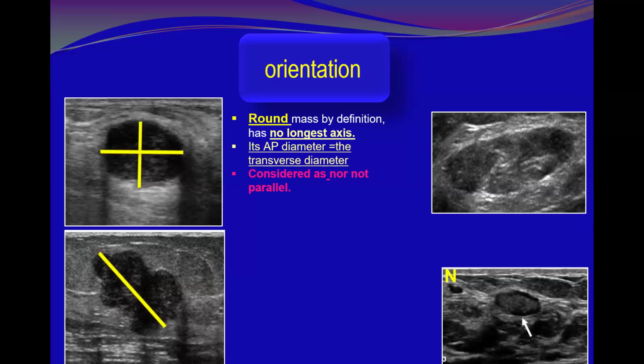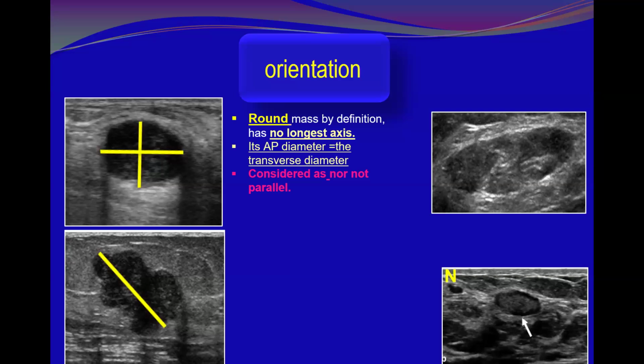We have mentioned that the ducts are crowded and pointing toward the nipples, and most of the lesions are arising in the retroareolar region, in relation to these ducts.